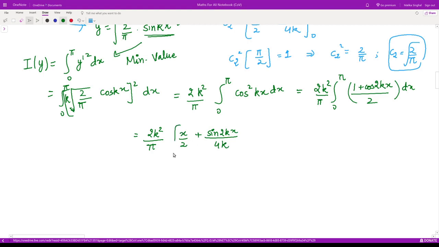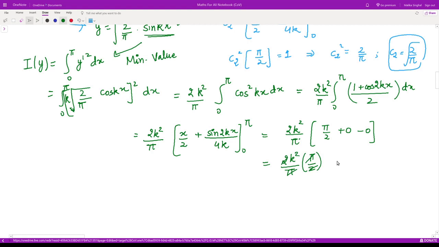Again the limits are from 0 to pi. So let us substitute the limits into the given function. So we would have pi by 2, sine of 2k pi would be 0, right? Then minus of 0 and minus of 0. So ultimately we'll have this as the value 2k square by pi into pi by 2.